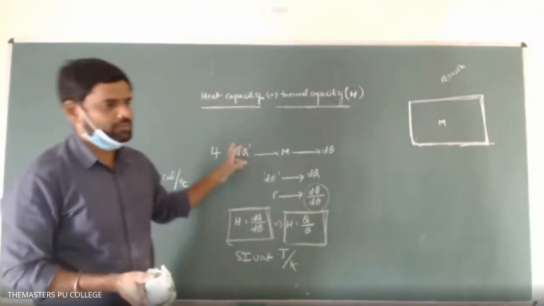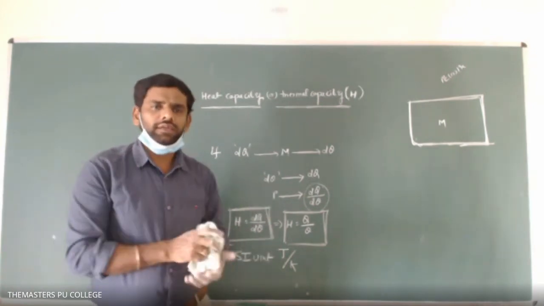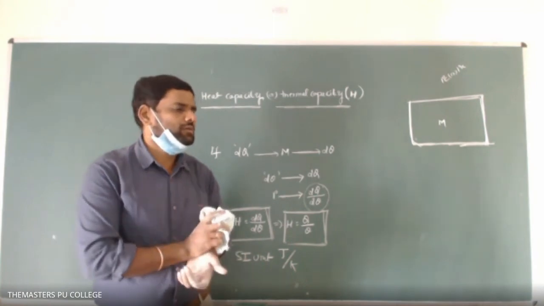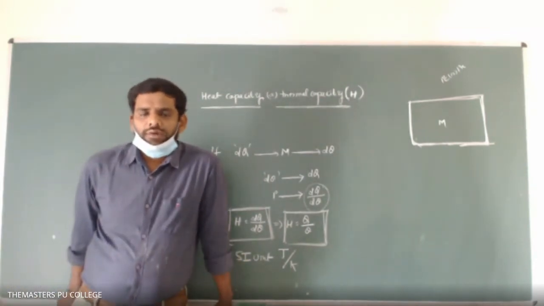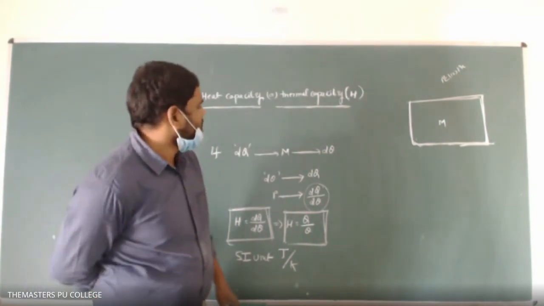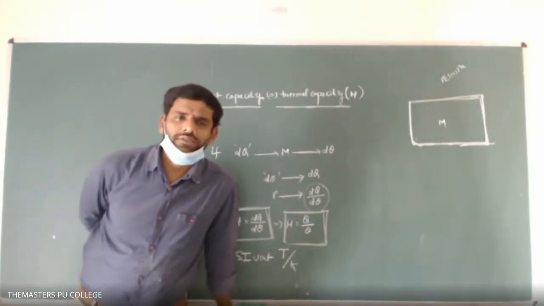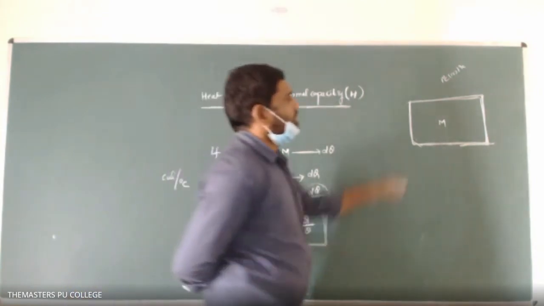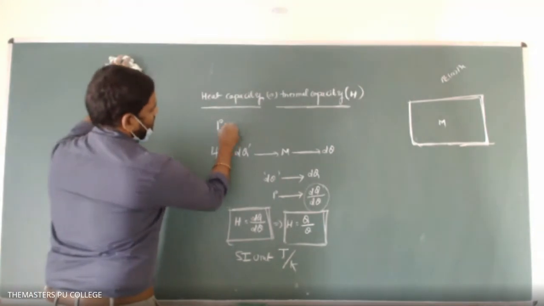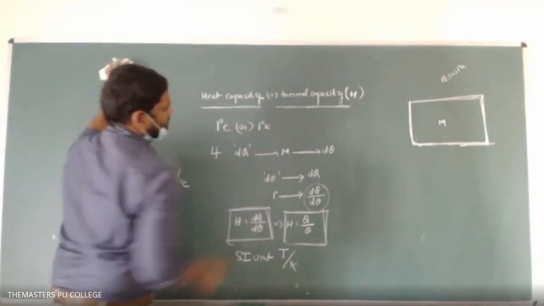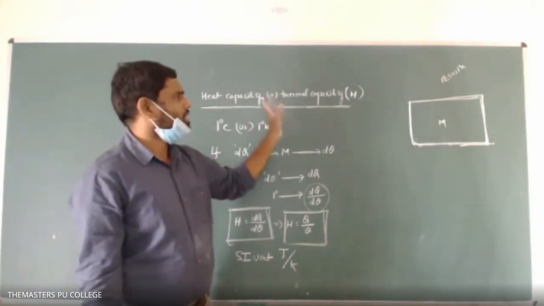Note down this heat capacity, guys. The amount of heat required to raise the temperature of the substance by 1 degree centigrade, or you can write 1 degree Celsius, or 1 degree Kelvin, is known as heat capacity, or else you can write thermal capacity also.